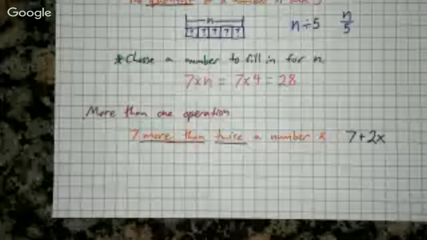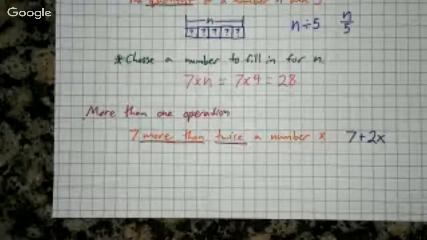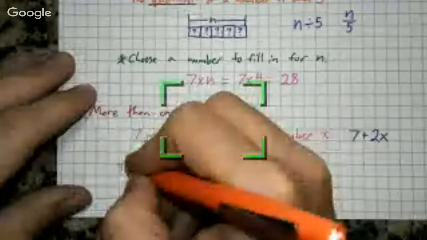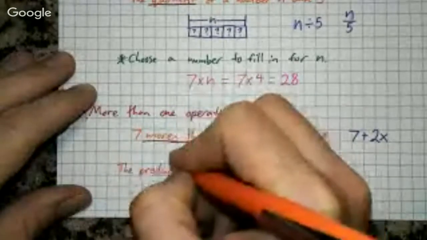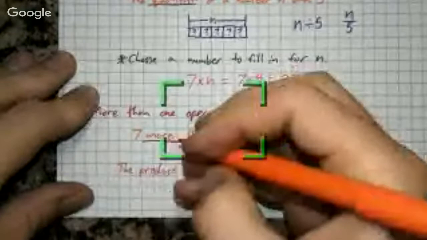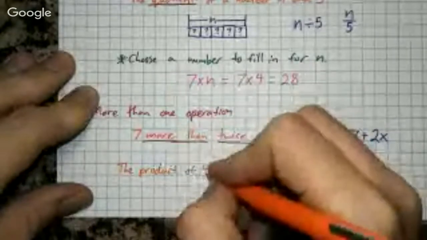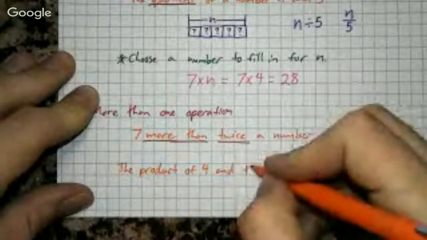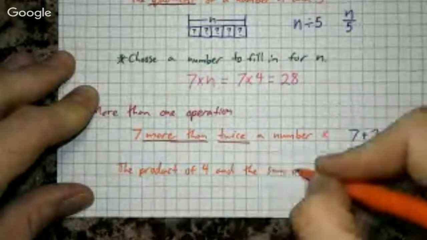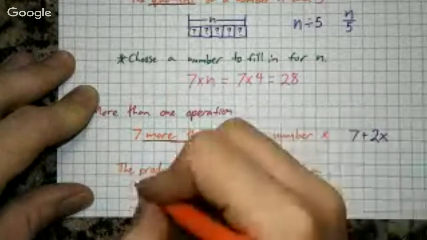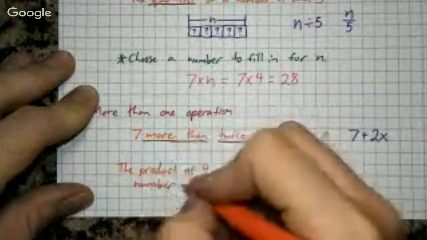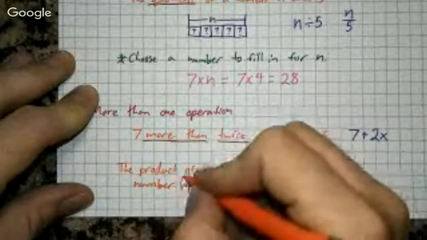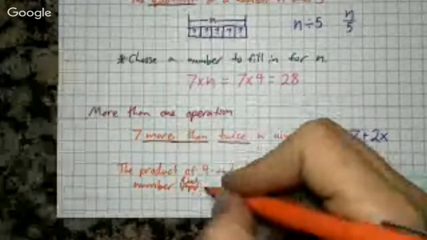Let's try one more like that. How about the product of 4 and the sum of a number, and then again, I'm going to go ahead and put the bat symbol. So remember, a variable can be anything.